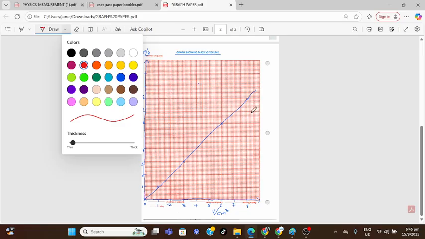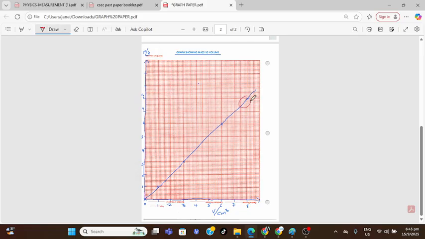if you're really good at maths, you can pick two points off the line to calculate the gradient. If you can't do that part, pick any two of the points you plotted. You pick that one here and that one here. This method will make you lose one mark because you shouldn't be picking the points that you have plotted on the graph.